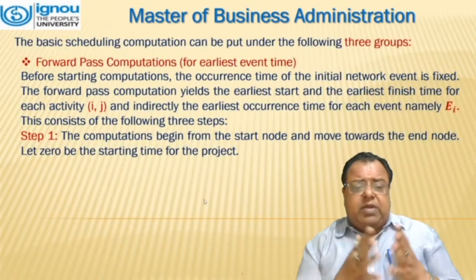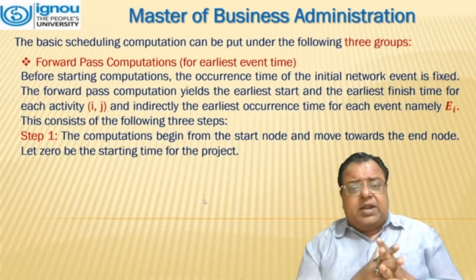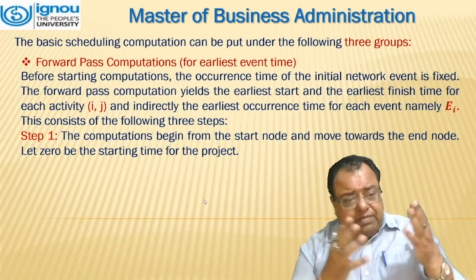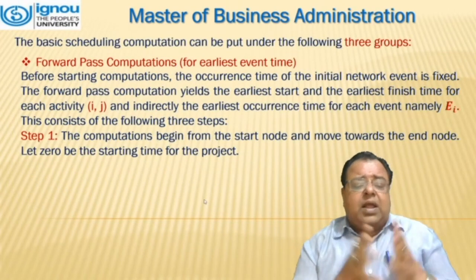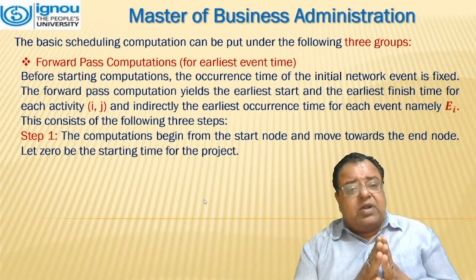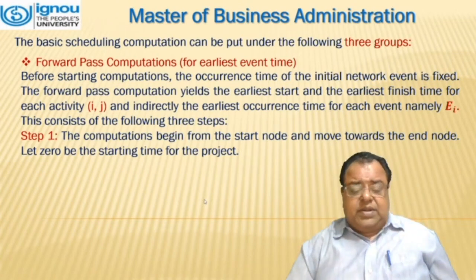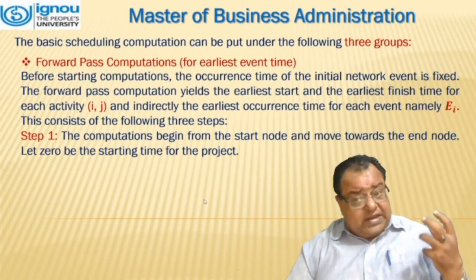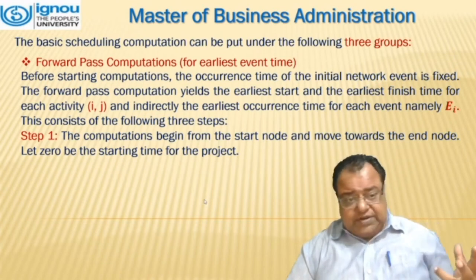The basic scheduling computation can be put under the following three categories. That means we have three steps to complete this. The first one is forward pass computation, for earliest event time. Before starting computation, the occurrence time of the initial network event is fixed.